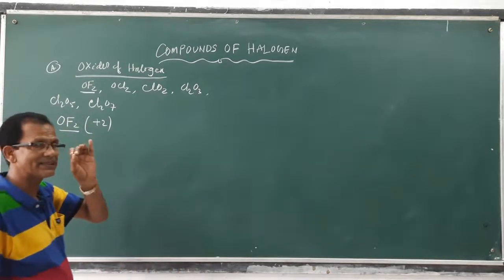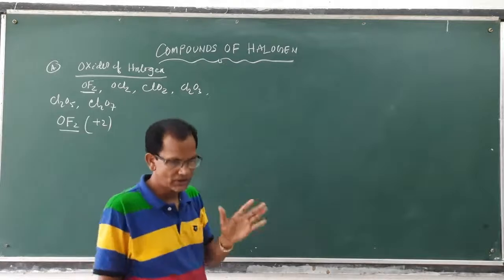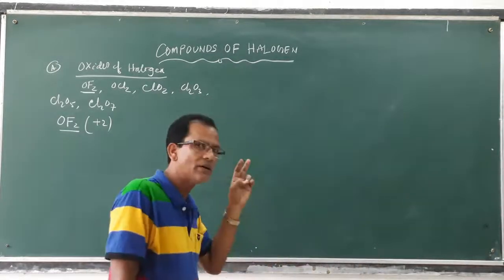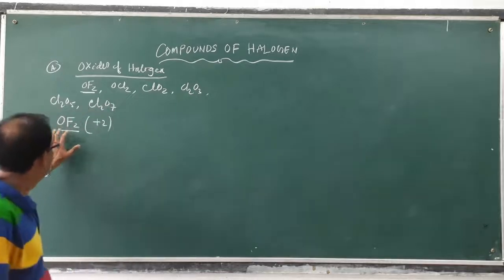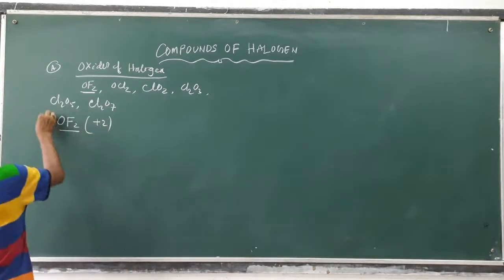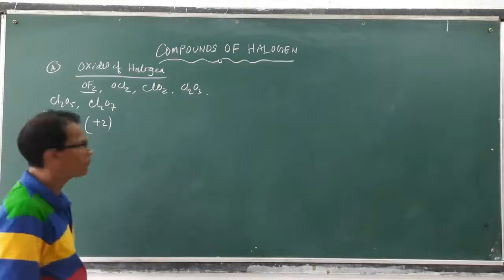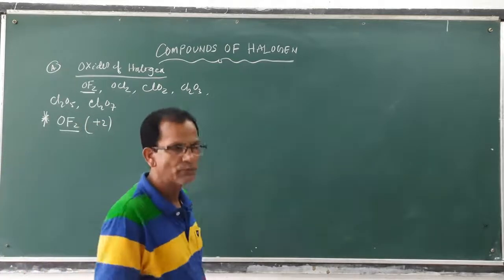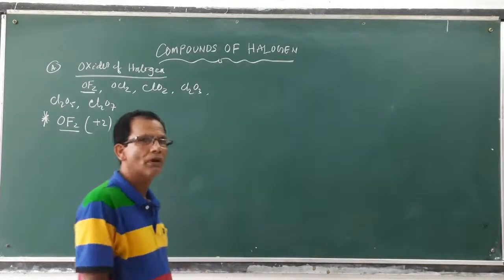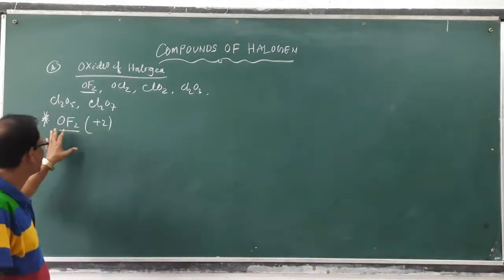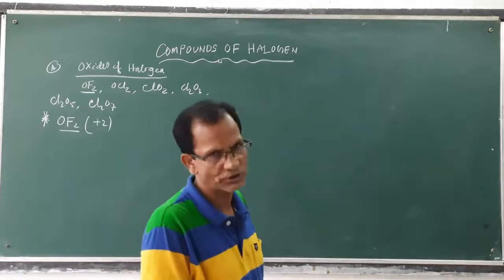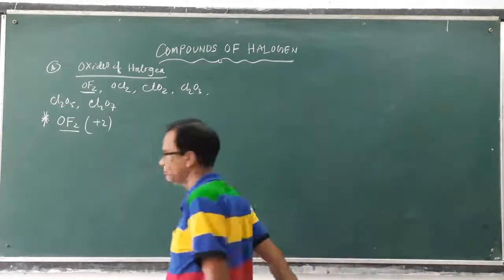This is the exceptional case, since oxygen always carries -1 or -2, but when it combines with fluorine, its oxidation state is +2. This is very important regarding the properties of oxygen. Sometimes a question is asked in your examination: write the formula of a compound where the oxidation number of oxygen is +2. That is OF2, very important.